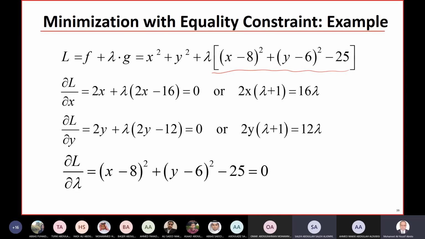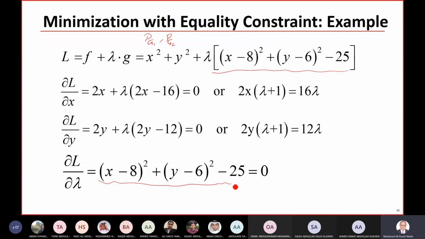Exactly, yes. X and Y are variables, and our variables in the economic dispatch problem are PG1 and PG2. Here, when you take the derivative with respect to lambda, this is equal to 0, and this only remains as such.